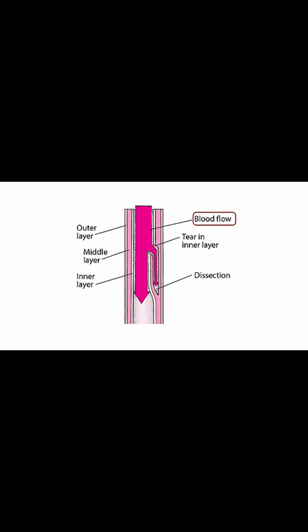If you notice, there's a tear in the inner wall of this blood vessel, and that tear eventually leads to dissection, and the blood, instead of going down the lumen, can go into that tear. So that's a nice diagram that illustrates what aortic dissection is all about. Those are the two big ones for cardiovascular.